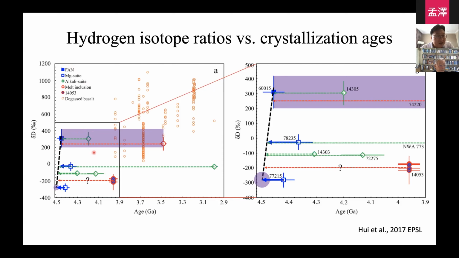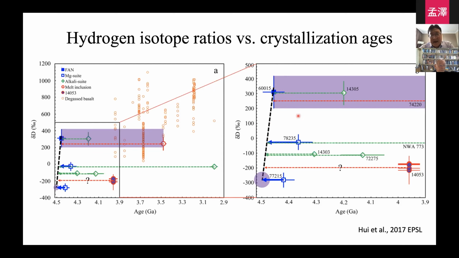And also for the melt inclusions, because these inclusions are protected by their host crystals, their hydrogen isotope composition can be used to represent their parent magma, i.e. their source region.